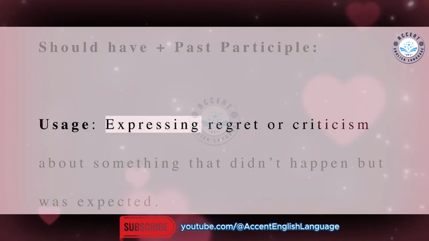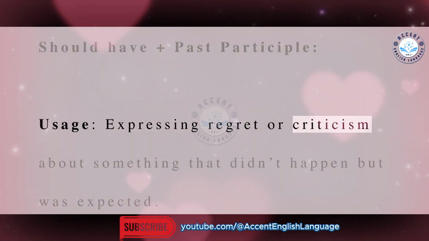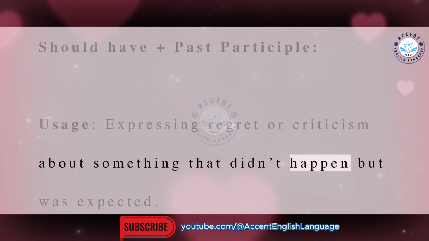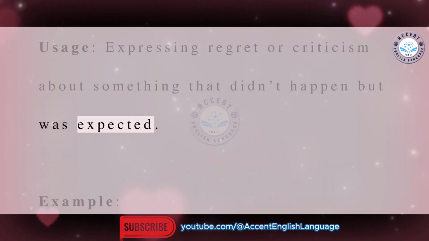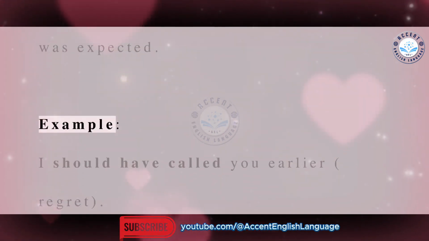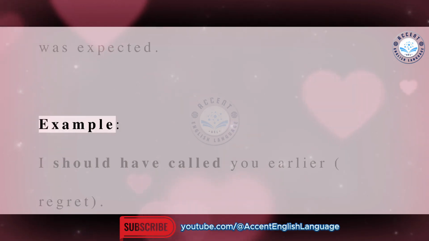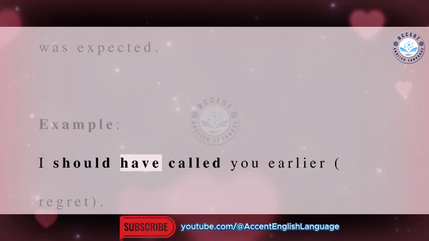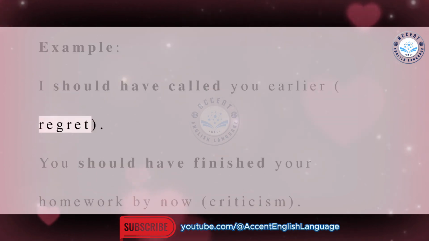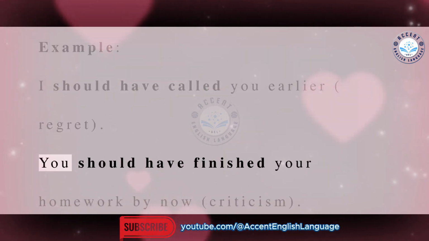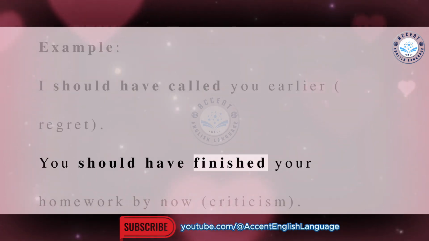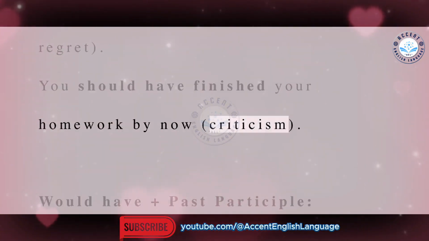Usage, expressing regret or criticism about something that didn't happen but was expected. Example. I should have called you earlier, regret. You should have finished your homework by now, criticism.